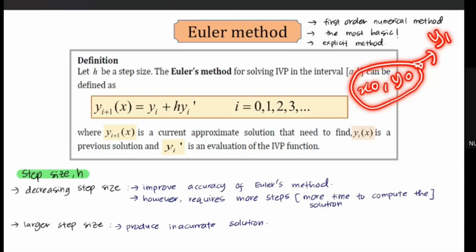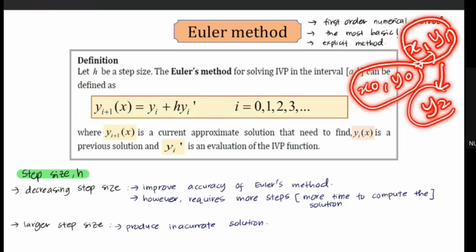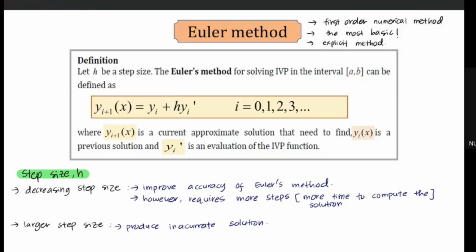And then using x1 and also y1, you will determine the next y2 and so on, y3. So this is y that we want to find, y_{i+1}. y_i is the previous solution.